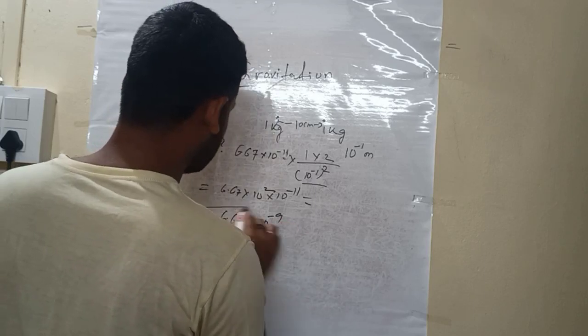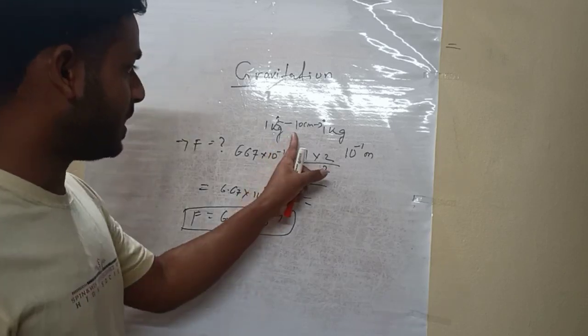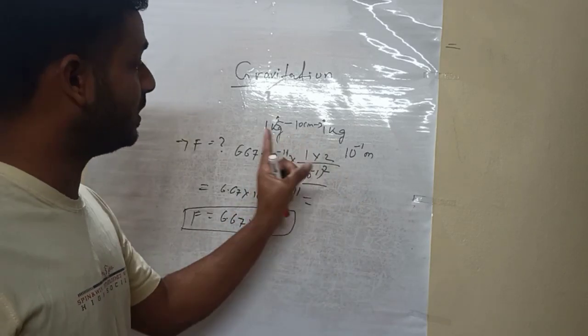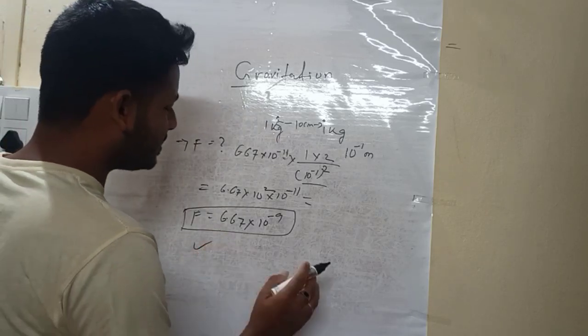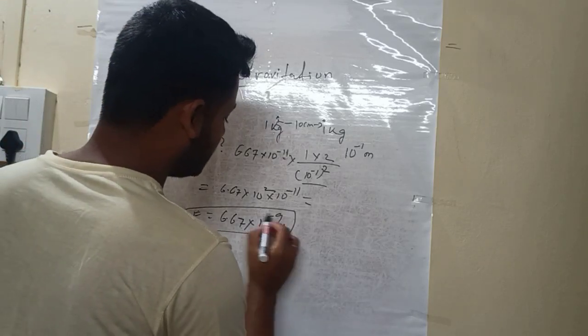This is the value of the force between two masses kept at a distance of 10 centimeter, 1 kg and 1 kg. So we got 6.67 into 10 to the power minus 9 Newton.